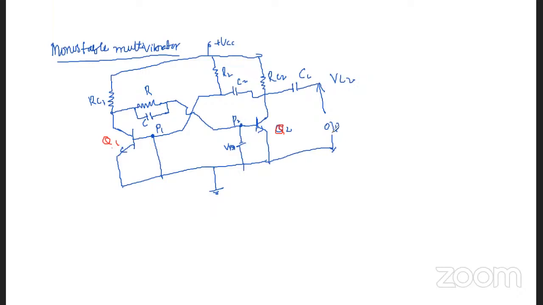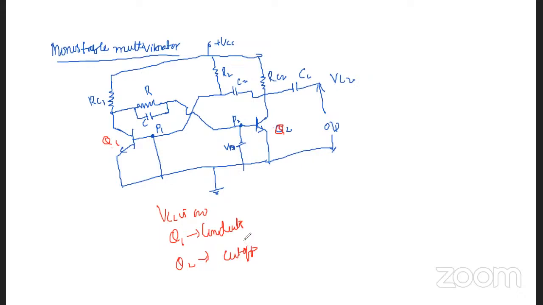If you see the operation of this monostable multivibrator, when the power is switched on, that is VCC is on, the transistor Q1 conducts and transistor Q2 is in the cutoff position.